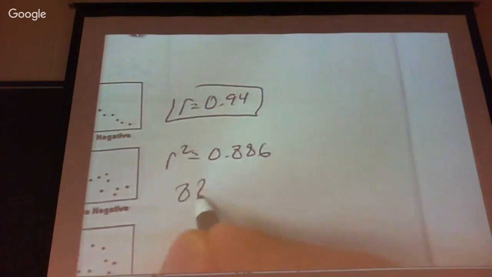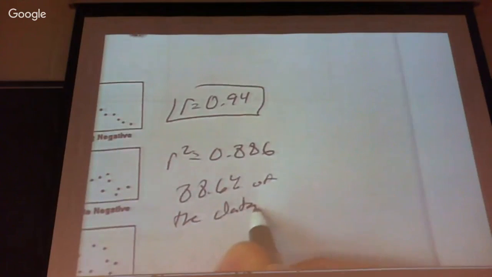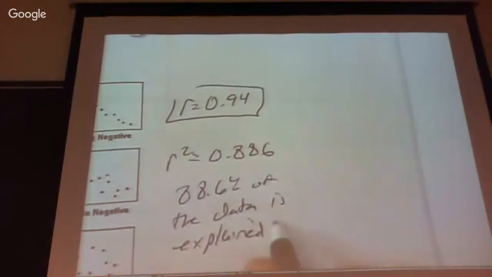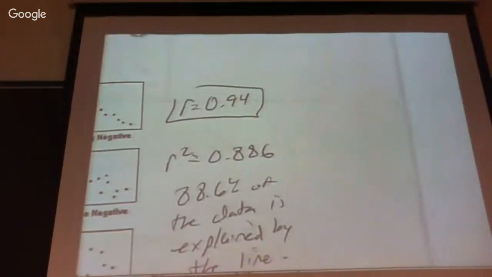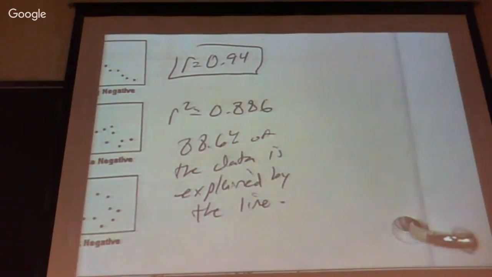That says 88.6% of the data is explained by the line.